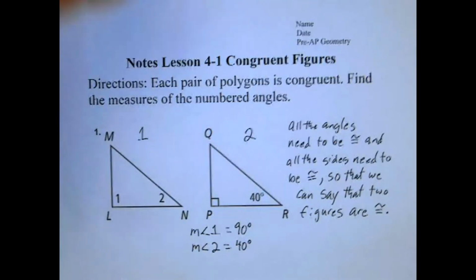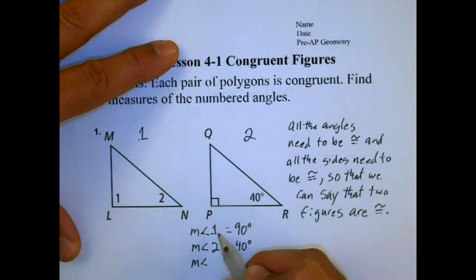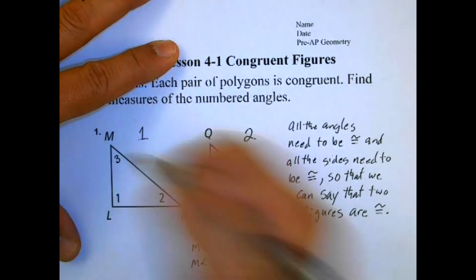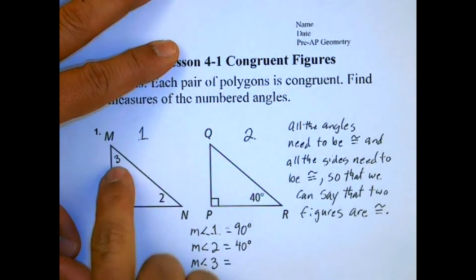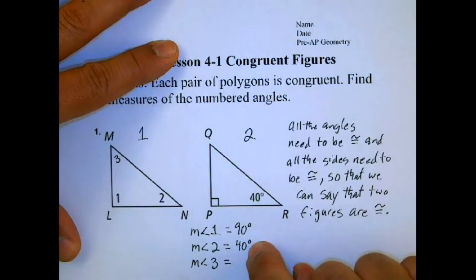Okay, for those advanced kids, now that we know the measure of angle 1 is 90 and the measure of angle 2 is 40 degrees, what would the measure of angle 3 be? Where is 3? Well, we're going to put it right there. What is the measure of angle 3 if this is 40 and this is 90? Some of you guessed correctly.